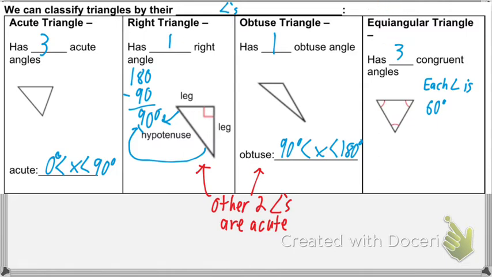Maybe say, if one, then the other, and put an arrow to equiangular and an arrow going up to equilateral. Would that maybe be a good thing to remember? Hey, if it's equilateral, it's also equiangular. If it's equiangular, it's also equilateral.